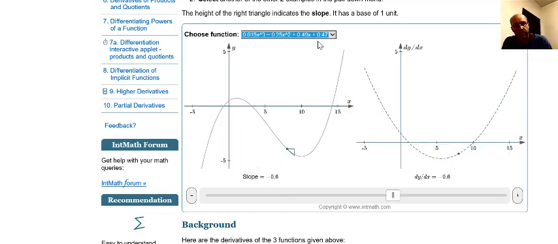What about if we go up to a cubic? Cubic gives a quadratic. We can see there are two turning points, or there's a maximum there on the original graph. And look at what's happening on this graph when we hit the maximum. It's going through 0 on its vertical axis.